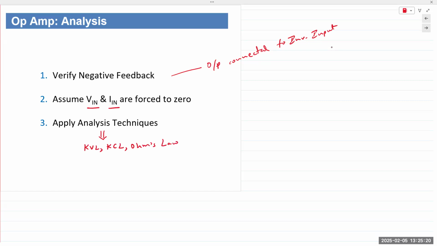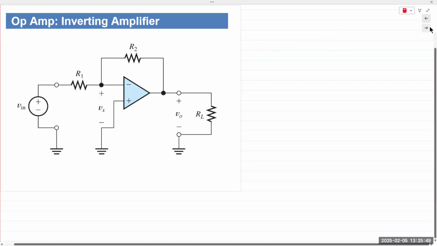So most of the amplifier circuits we are going to look at are all inverting configurations. So the first one up is an inverting amplifier configuration.